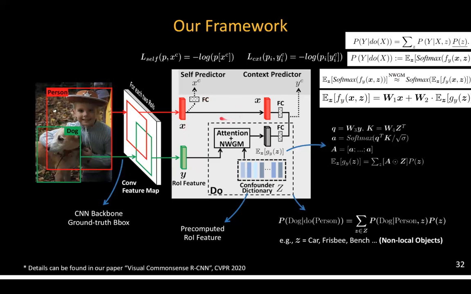But like in word2vec, if we just want to compute their co-occurrence, we don't consider the do calculus. Then what we should do next is maybe combine this X and Y and then give some label.